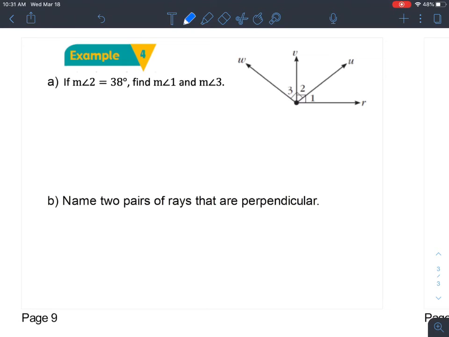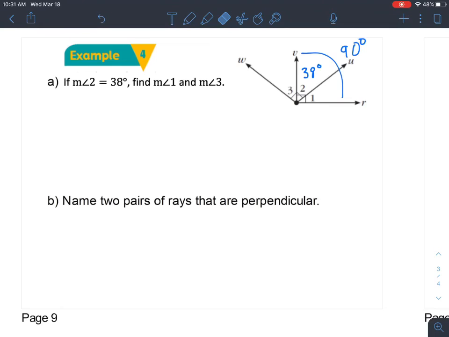So for this example then, we know that angle 2 is going to be 38 degrees, and we are supposed to find angle 1 and angle 3. I'm going to go ahead and write in the 38 right there. And I notice that we have a right angle for angle 1 and angle 2. So those are supposed to add together. This whole thing here is supposed to be 90 degrees.